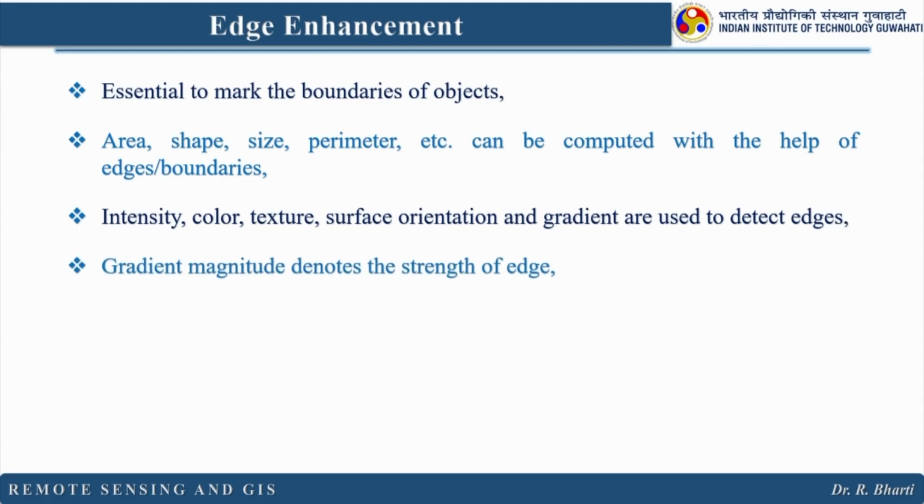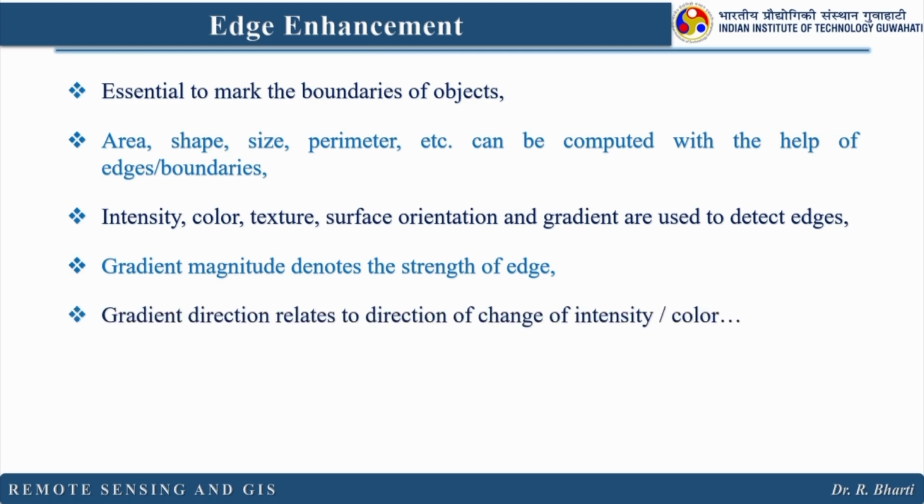Gradient magnitude denotes the strength of the edge, so here we will use gradient as an indicator of the strength of the edge. Gradient direction relates to the direction of change of intensity or color. So here we will use gradient to identify a change in intensity or a change in color, right.